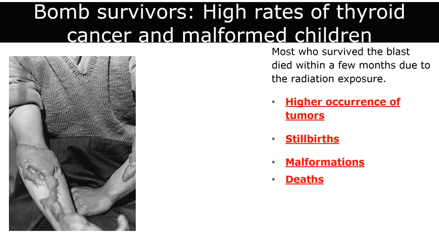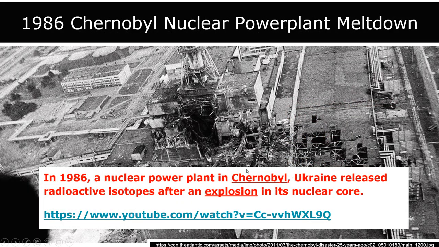It caused tumors in the people. This man has tumors all over his arms. Some of those mutations made it into their germline, into the sperm and the eggs, because it did damage DNA. This caused an increase in stillbirths and malformations in children for many years after those bombings occurred.